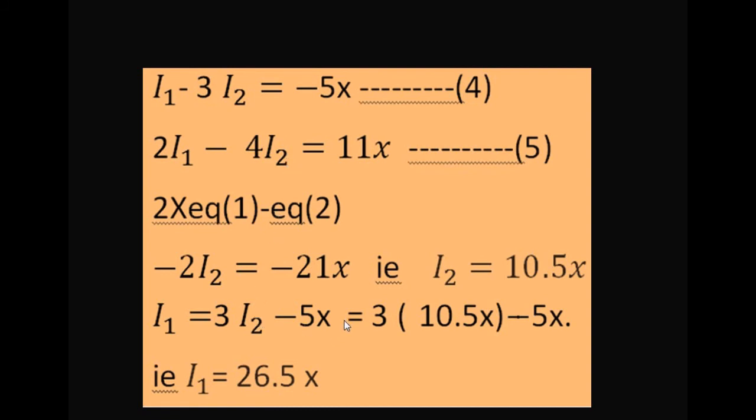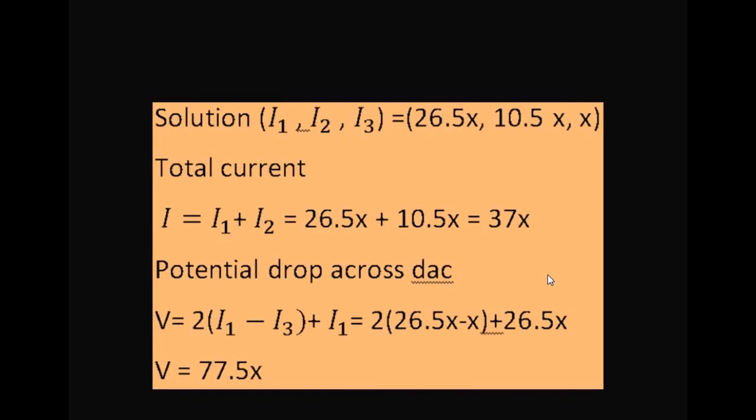So 3 times 10.5 is 31.5, minus 5x. 31.5x minus 5x will give you 26.5x. So I1 value is 26.5x. I2 value is 10.5x. Now you can calculate the I value, because I will be I1 plus I2.